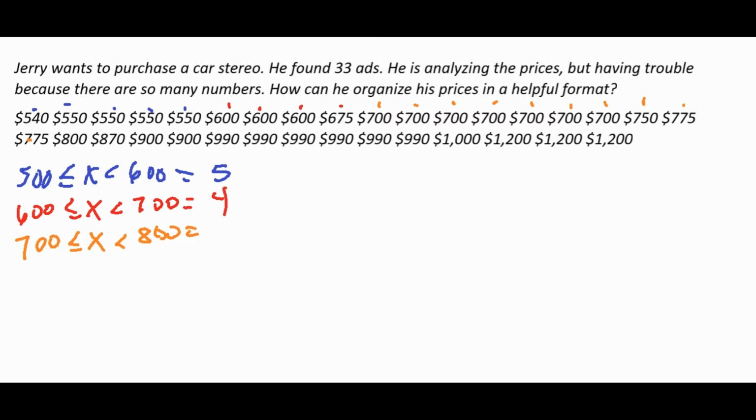What if I had a bigger budget? What if my price budget was greater than or equal to $800, but less than $900? In that case, 1, 2 stereos fit my criteria.